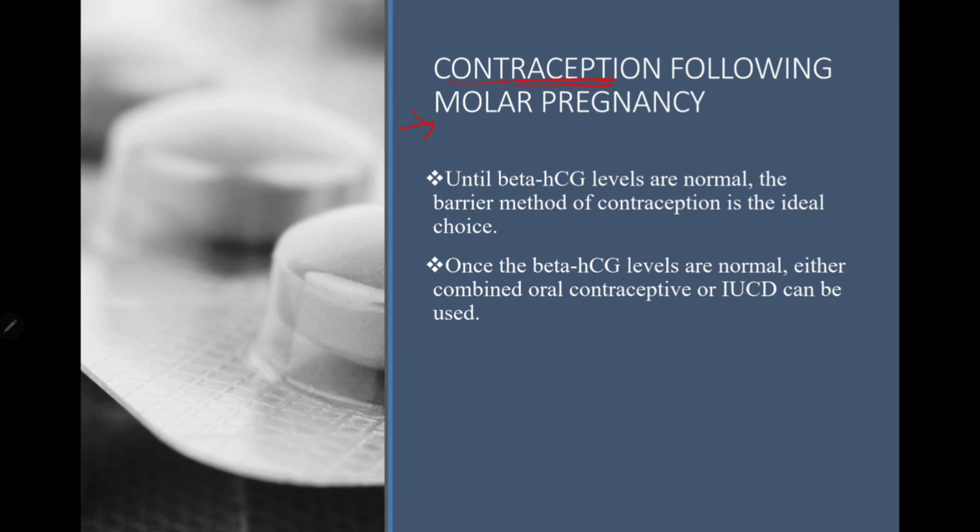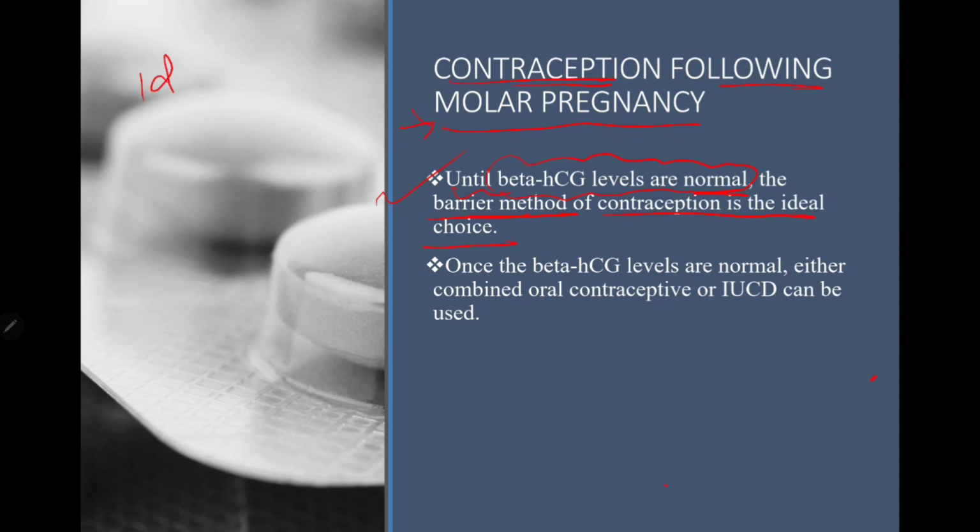Now moving on to contraception following molar pregnancy. How is the contraception going to be? Very, very important: until the beta HCG levels are normal, the barrier method of contraception is the ideal choice.